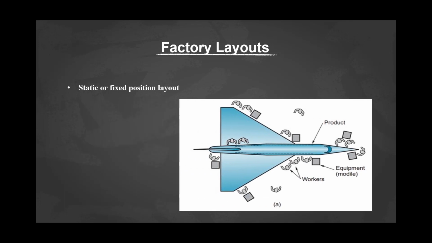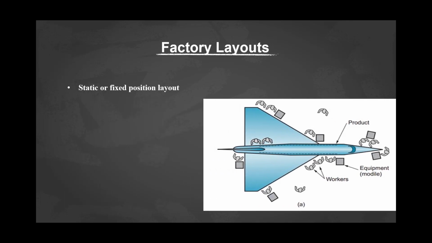So the first one is the static or fixed position layout. The fixed position layout describes the type of manufacturing where the process is brought to the product and not the product to the process. In general, this type of layout is used for products that have constraining characteristics such as being very large or heavy, or having some other constraints that prevent the location from being altered while under construction or manufacturing.